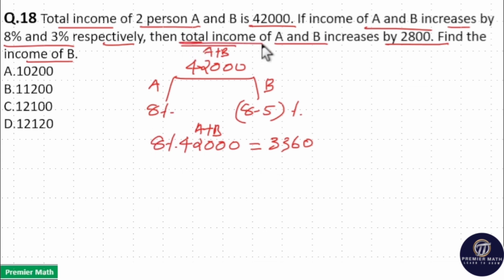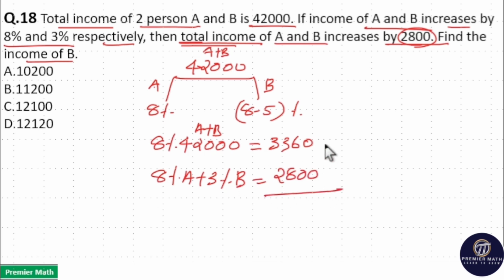And here total income increases by 2800 means here increment is 8% of A and 3% of B. So 8% of A plus 3% of B is equal to 2800.